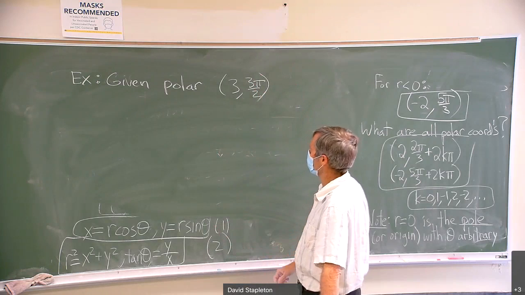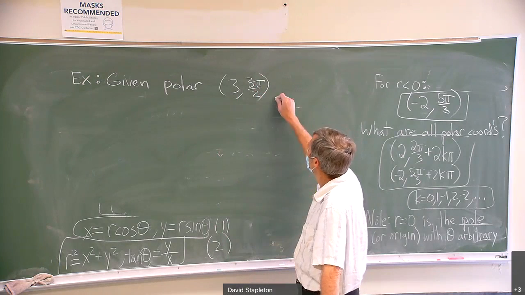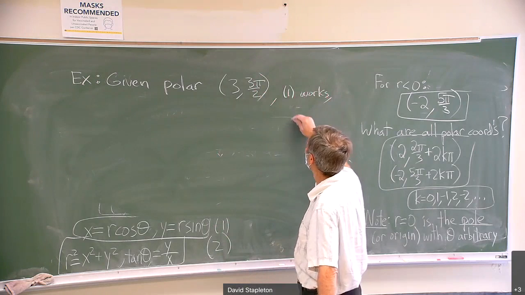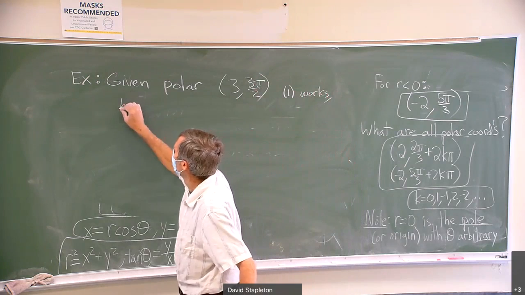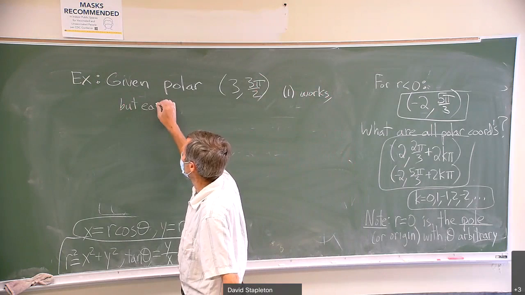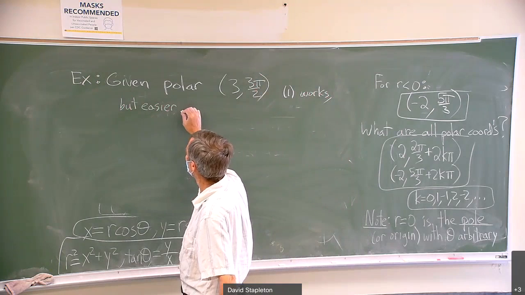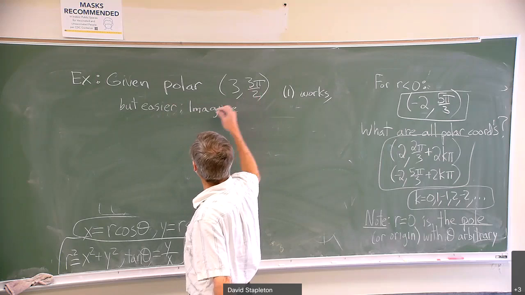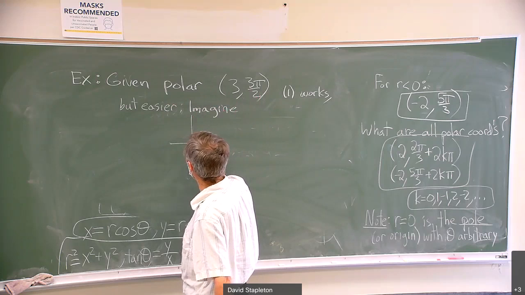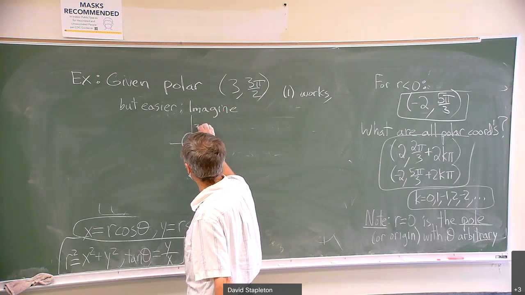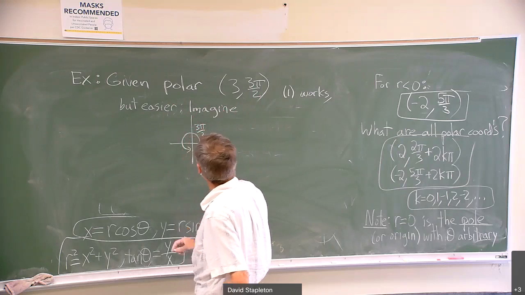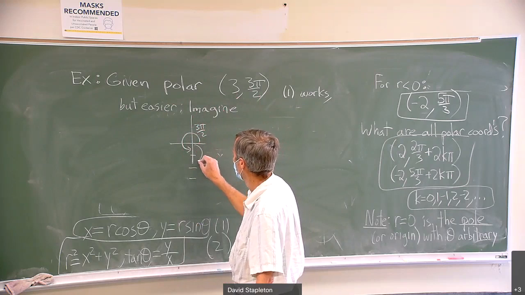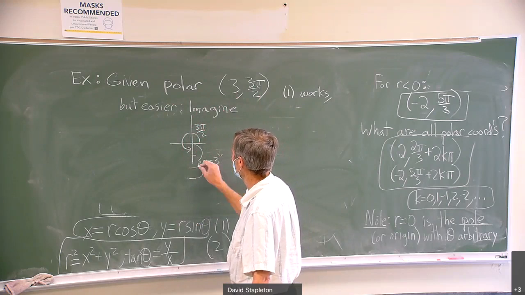These equations won't always work. One works, but what's easier? Easier is just to imagine in your head what it looks like. 3 pi over 2 is a quadrantal angle. It lands you between the quadrants. And then 3 puts you out 3 units. 1, 2, 3. So there's r equals 3.